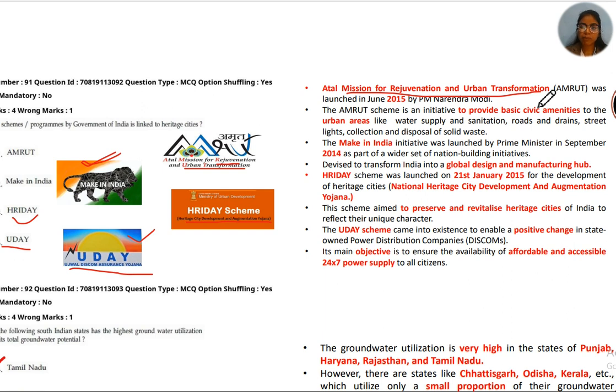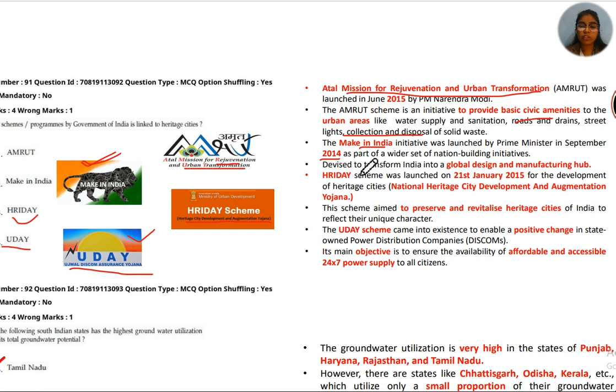What kind of basic amenities? Amenities like water supply and sanitation, roads and drainage, street light, and collection and disposal of solid waste. These were some of the basic amenities provided to urban areas under the Amrut scheme. Next is Make in India. Make in India was launched in 2014.